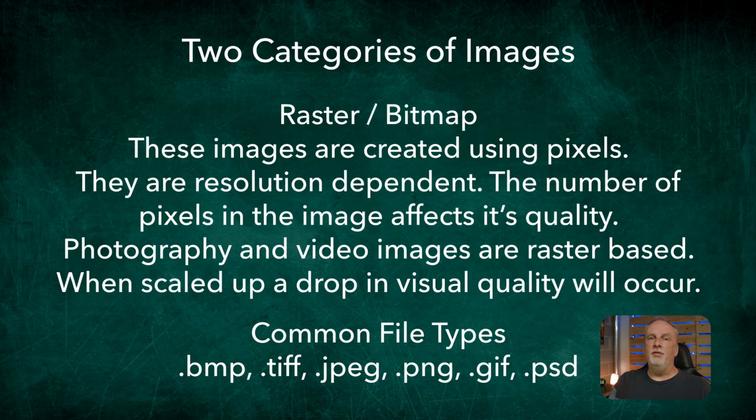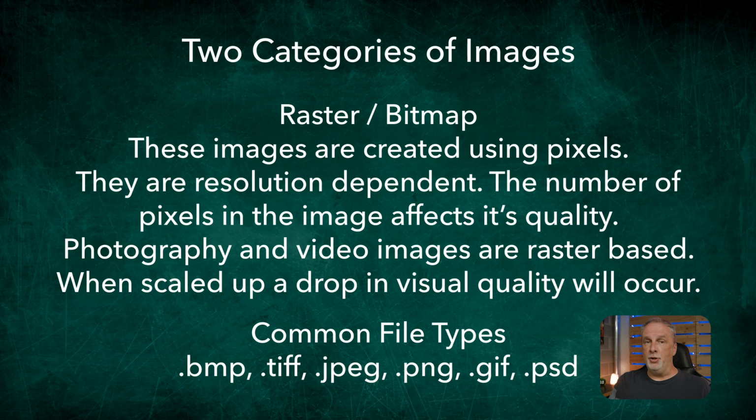There are 2 categories of images we'll be working with. The first is raster or bitmap. These images are created using pixels. We've looked at that already. They are resolution dependent. I'll explain that a little bit more in just a moment. The number of pixels in the image affects its quality. Photography and video images are raster based.